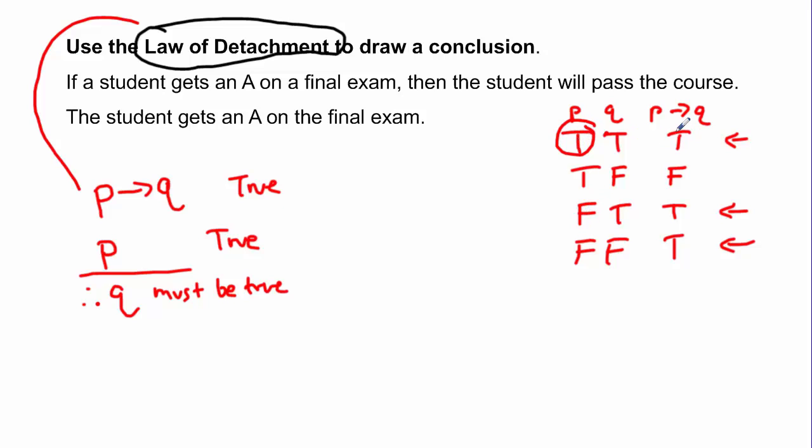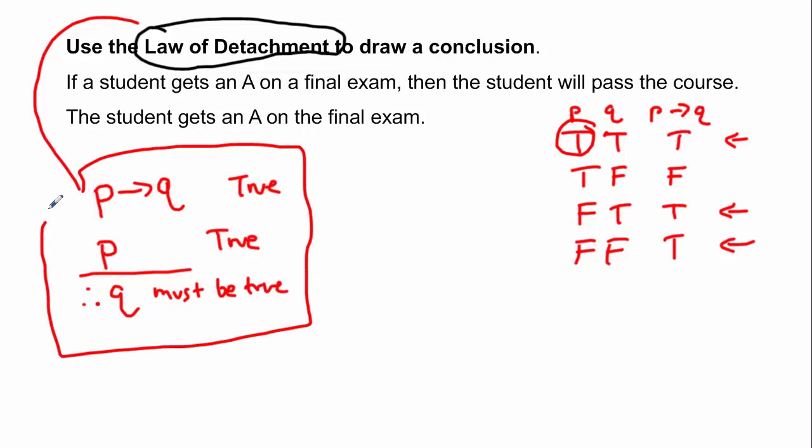Since the overall conditional statement is true and P is true, I know for a fact Q has to be true. So that's the law of detachment. If you can remember this setup, that will definitely help you in solving this problem.